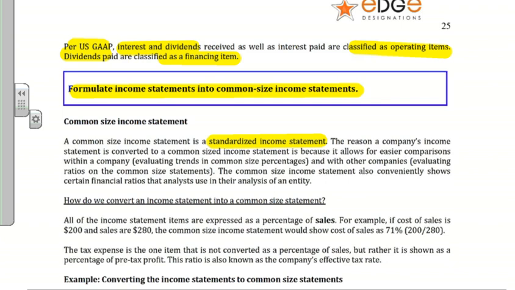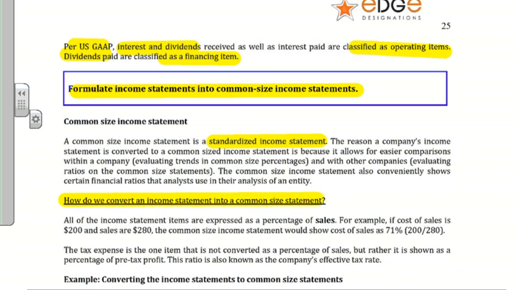In other words, when I now look at two income statements, it's much easier to analyze, because I'm just looking at, for example, cost of sales making up 70% of my revenue. I can compare that across income statements very easily. If I'm just looking at their physical numbers, it's not so easy to make that comparison.